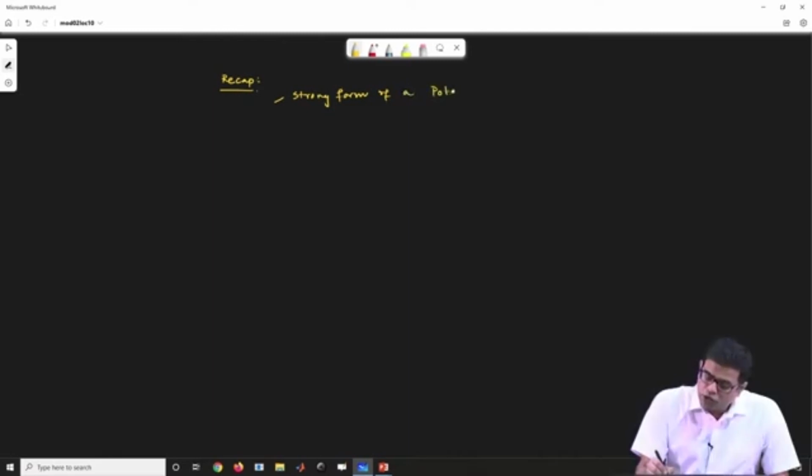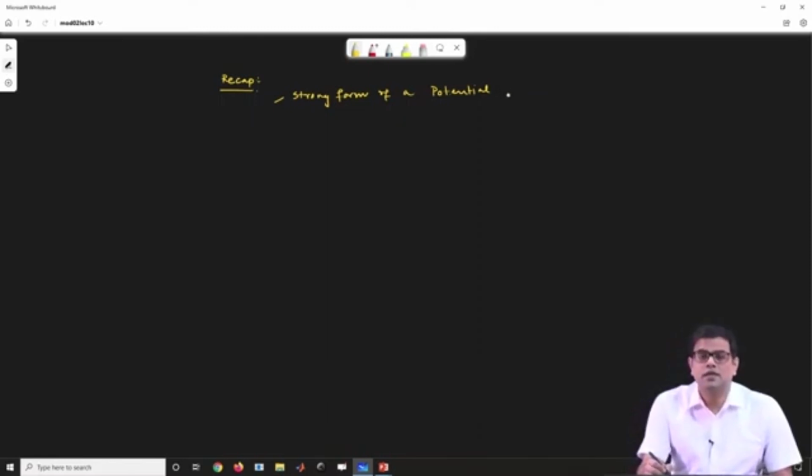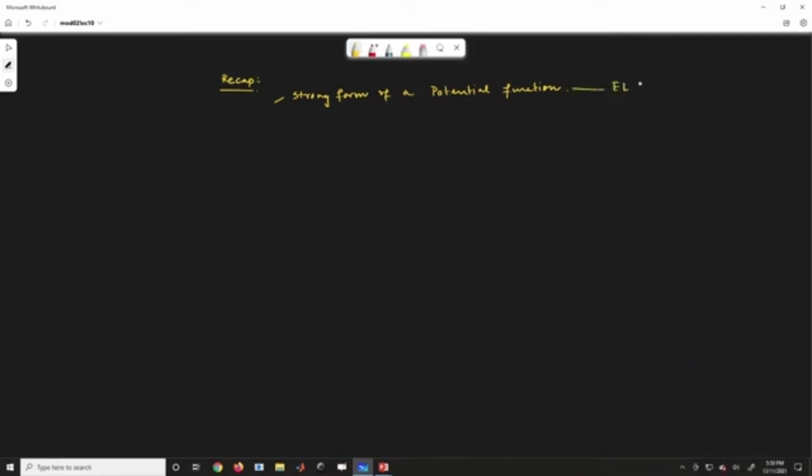First, the strong form of a potential problem. Potential means where the potential functional, or potential energy functional in our mechanics sense, is defined. How we obtain it is nothing but the Euler-Lagrange equation.